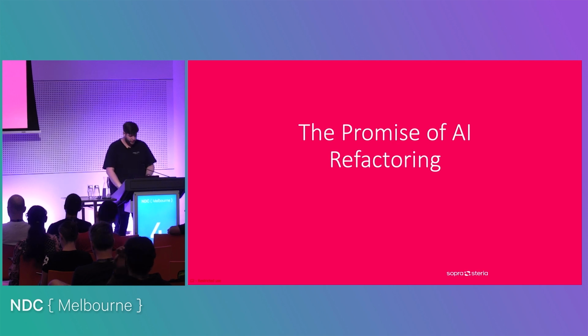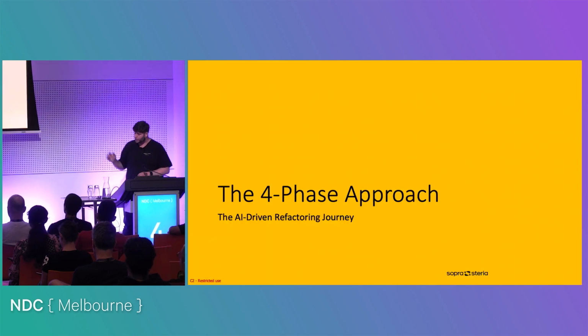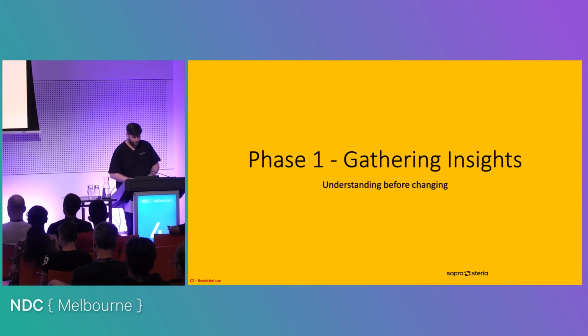So this is about the introduction of AI refactoring, and I already mentioned a couple of times the 4 phases of refactoring. I'm going to share them with you. These are phases of refactoring that I turned into AI steps, and we're going to go over them in a bit more detail.